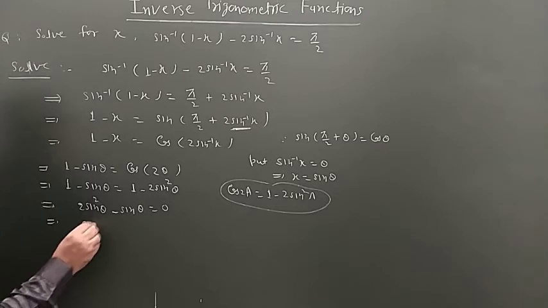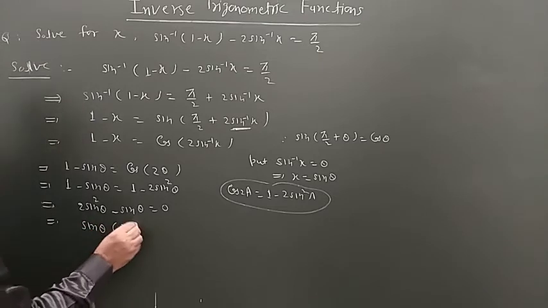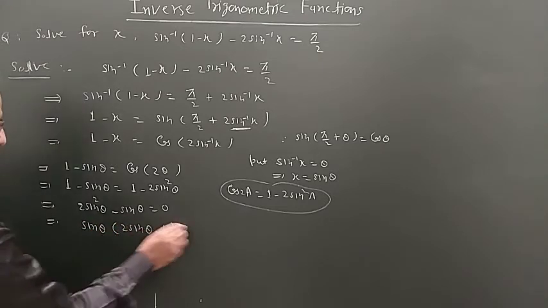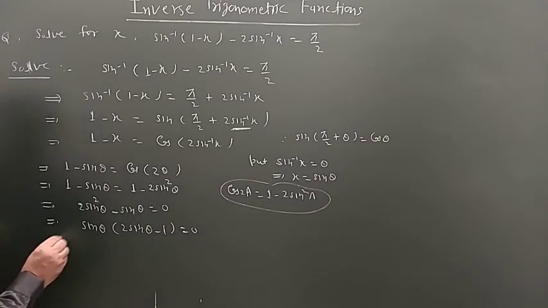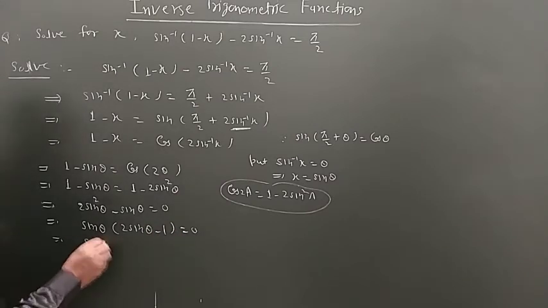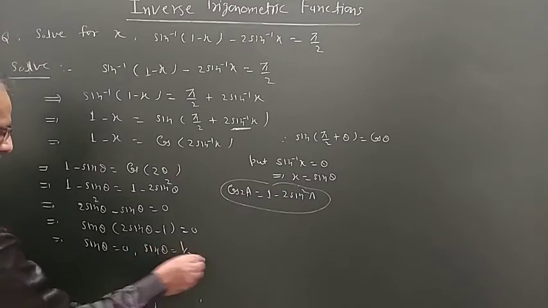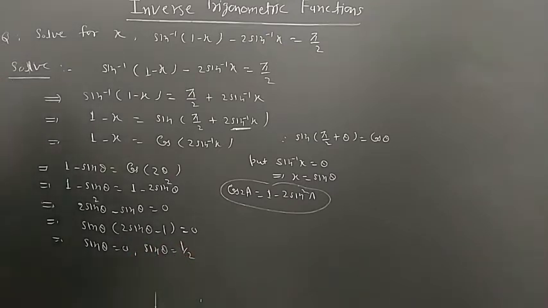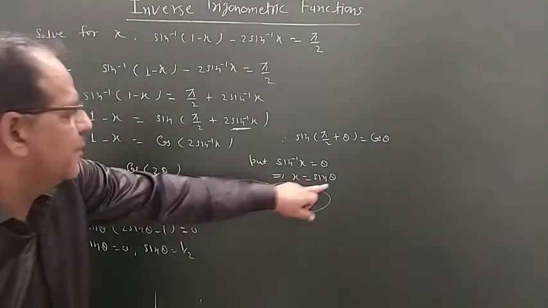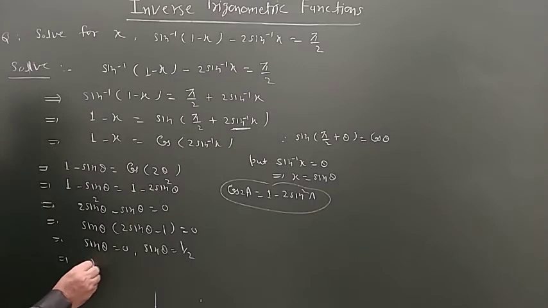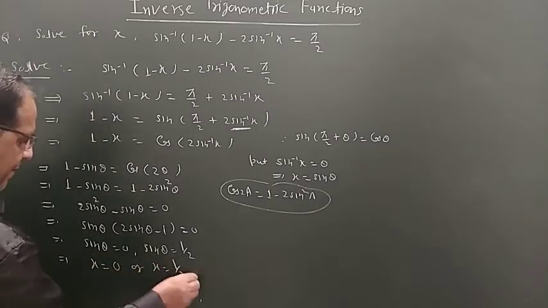Now take common sin theta here. We have sin theta (2 sin theta minus 1) equal to 0. So there are two options: sin theta equal to 0, sin theta equal to half. Sin theta is in the place of x. So x equal to 0 or x equal to half.